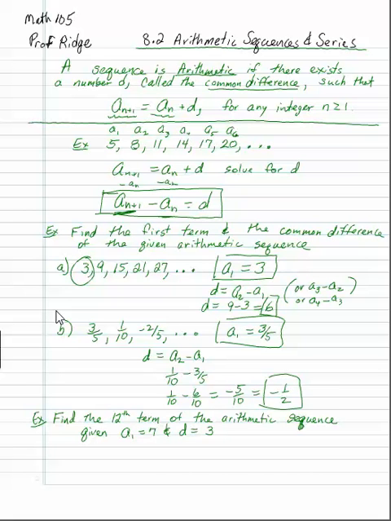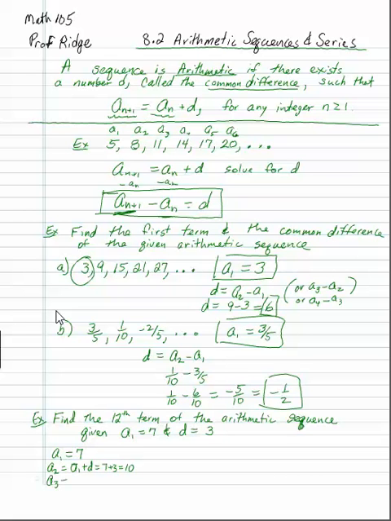Okay, so let's look at this example. Find the 12th term of the arithmetic sequence given a sub 1 is 7, and d is 3. Now again, one way we could do this is we can just build the sequence. Well, a sub 1 is 7, a sub 2 is a sub 1 plus d, which is 7 plus 3, which is 10.